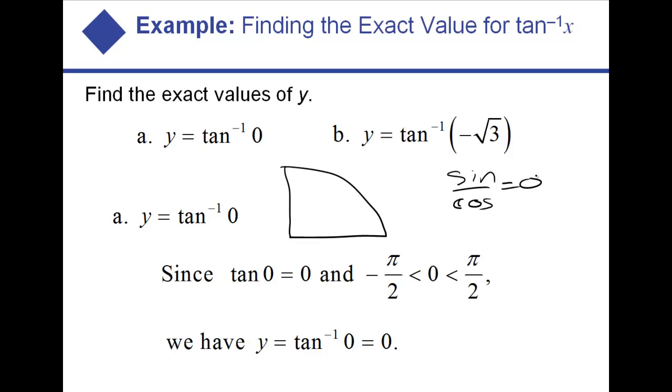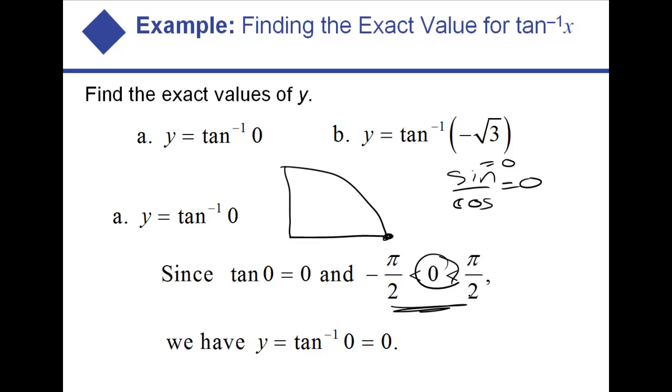And if that equals 0, that means sine has to equal 0. And when does sine equal 0? Right here, right? Sine is our vertical height. So that's going to equal 0 at 0. And that, of course, is in the interval for tangent, right? We're asking what value would we plug into tangent to get 0. We would have to plug in 0, and that's in the domain of our tangent function.